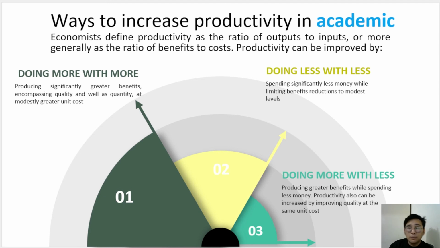But by doing so, maybe some of your friends or colleagues will say you are so cheap, and yes, it comes with disadvantages as well, but you might overcome that. But the last one would be doing more with less, producing greater benefits while spending less money. Productivity can also increase by improving quality at the same unit cost. So the third option would be the better option if you can, but if you can't, you can do the second one or the first one.